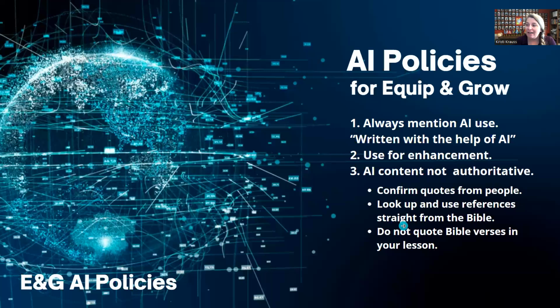So no quoting the Bible inside your lesson. That sounds funny, but that's the way to treat quotes properly, remembering that AI is not authoritative for quoting either the Bible or other people's messages.